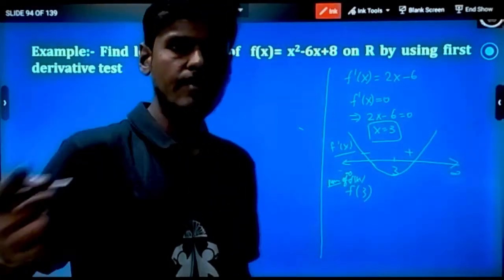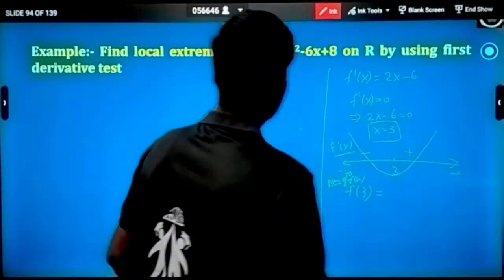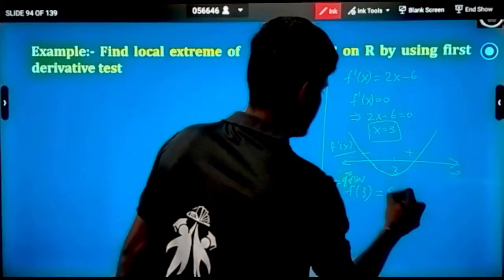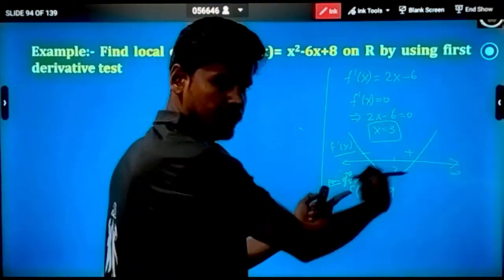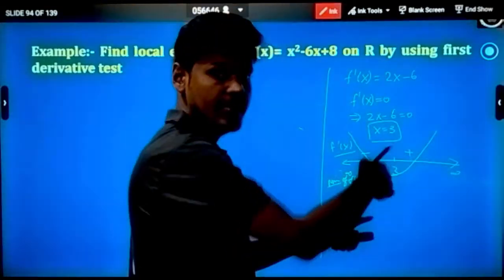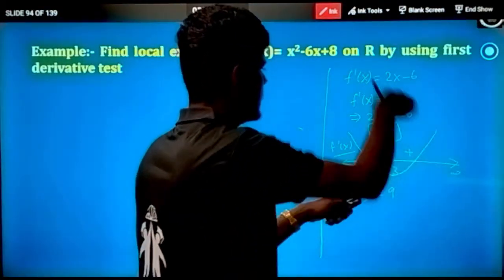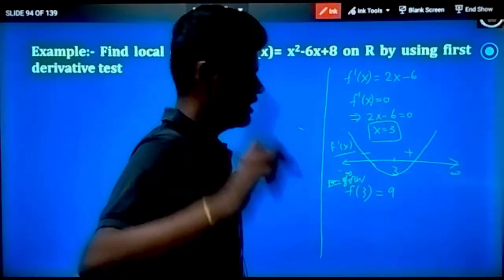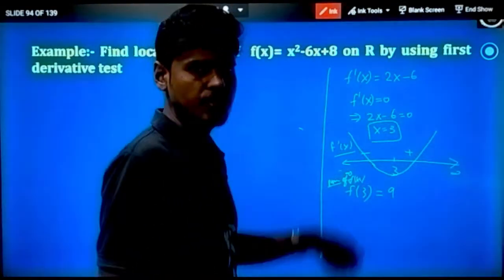When you have to find the minimum or maximum value, then we have to use this. So what is f of 3? Remember you have to substitute in f of x, because f of x is the curve for which we have to find the maximum or minimum. So don't substitute this 3 in f dash, that will be wrong. So in this curve we have to substitute the value.